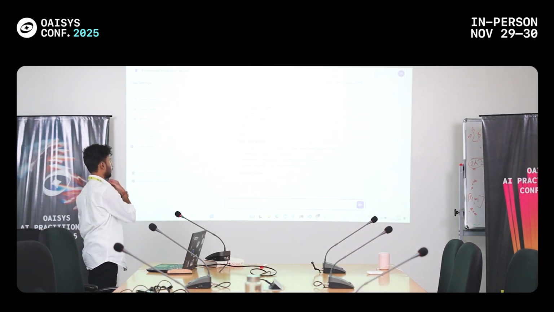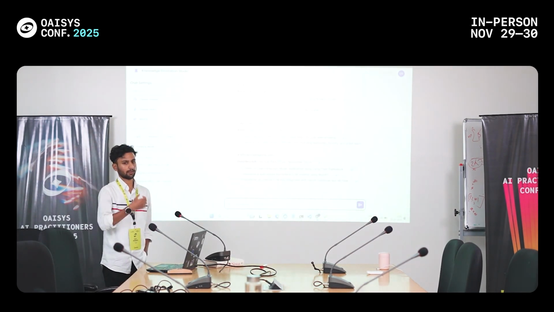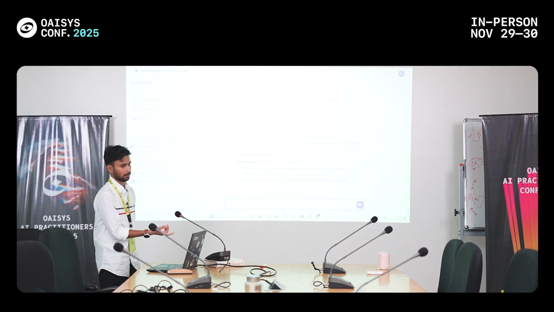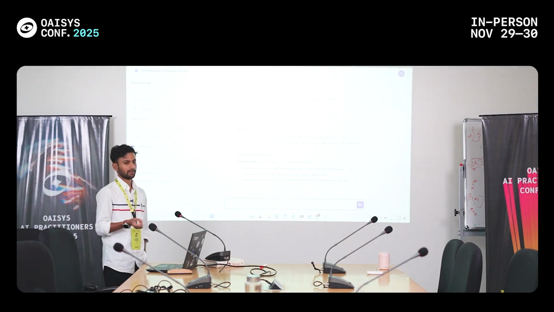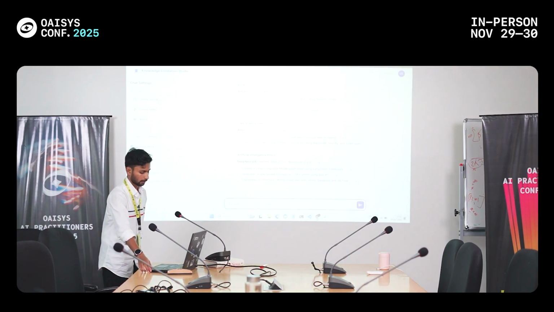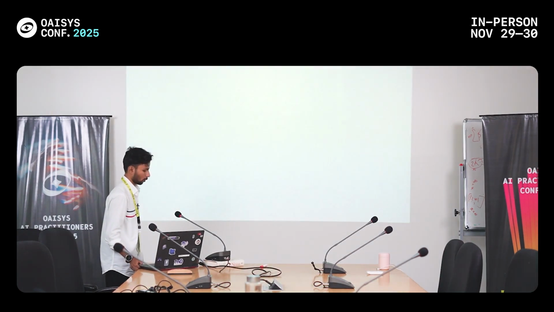So we have these filters. Why these filters matter is irrelevant chunks that you would otherwise feed to the LLM. These are the documents specifically where I want my answer from. So if you want to be more precise, you can use these filters. And yeah, this was my session all about.